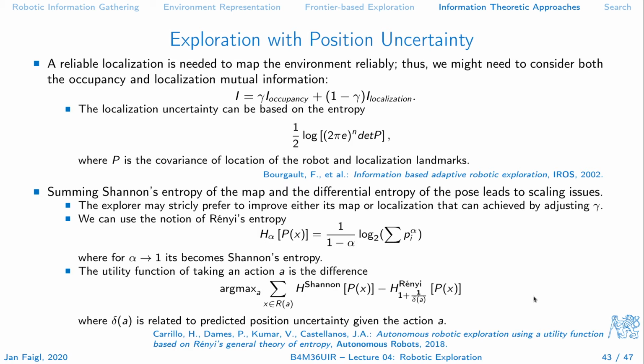So to complete our tour of exploration with sources of uncertainty, we should not forget that reliable localization is the fundamental piece to have a precise map of the environment.